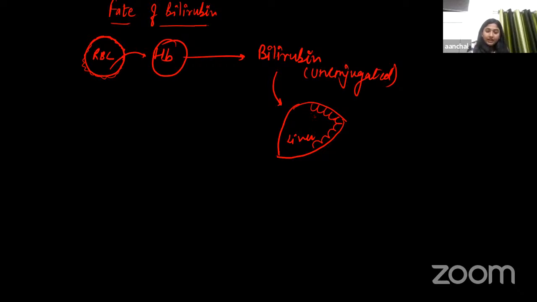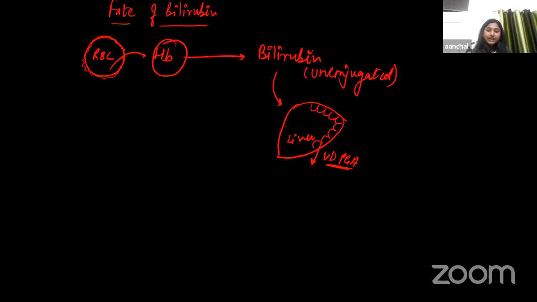cells, and in hepatic cells it undergoes conjugation with UDPGA. Please remember UDPGA. So whenever this unconjugated bilirubin enters inside the hepatic cells, it undergoes conjugation with UDPGA. UDPGA is uridine diphosphate glucuronic acid, right?